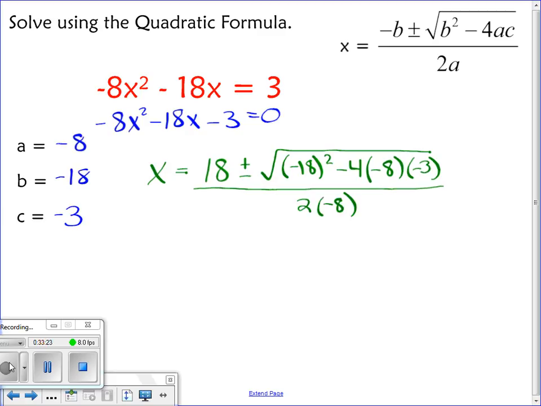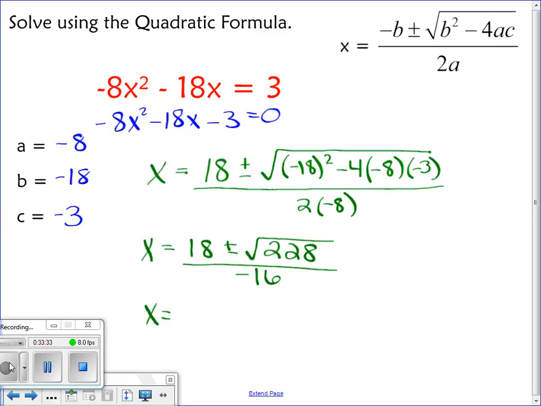Okay? Okay, from there, 18 plus or minus the square root of, I believe it was 228, over negative 16. Factor tree. So what is that? 2 and 114, 2 and 57, and 3 and 19, which really doesn't get me anything else.